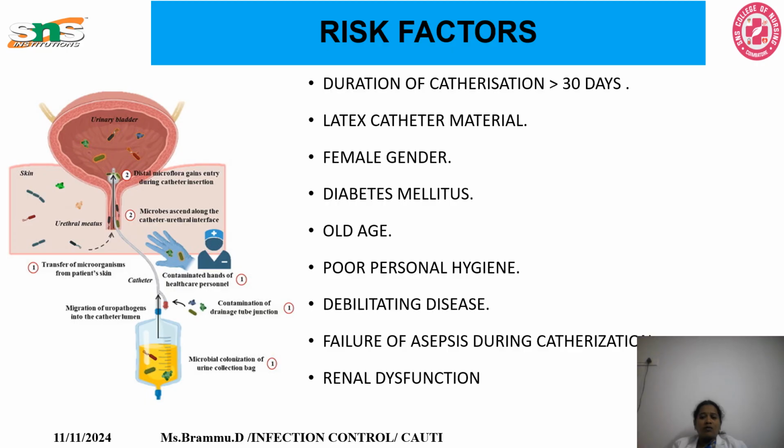So what can be the major risk factors? The major risk factors would be prolonged catheterization for more than 30 days, patients who are on a catheter material such as latex, and those who have a very short urethra, which is the female sex, and who are highly prone to develop infections, such as diabetes, old age people who have poor immune status, and patients who are not maintaining personal hygiene, such as no perineal hygiene being given after catheterization, debilitating diseases such as autoimmune disorders, any failure of asepsis during catheterization, or severe renal impairment.